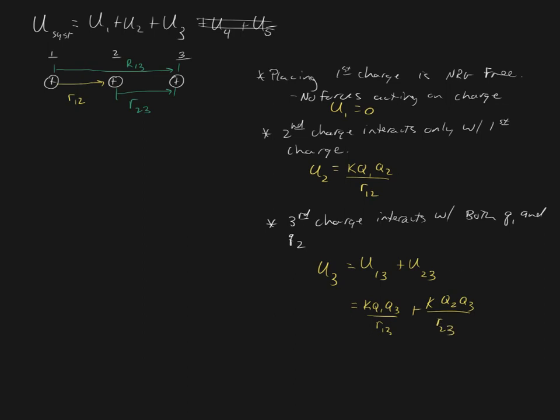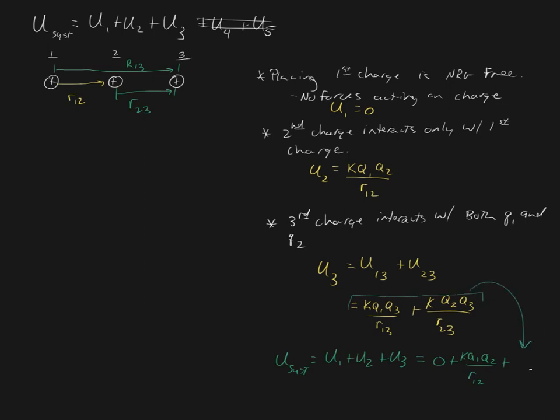And so finally, when you want to get the total energy, U of the system is going to be equal to U1 plus U2 plus U3, which is equal to 0 plus K Q1 Q2 over R12 plus both of these terms right here.